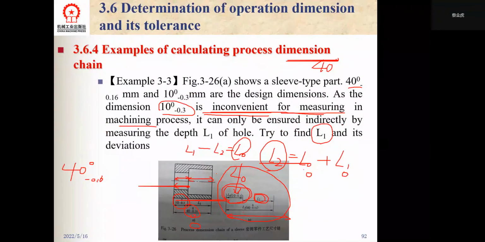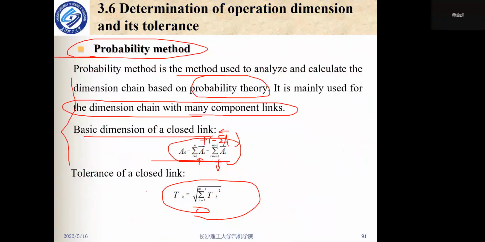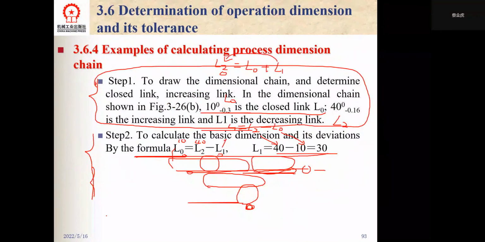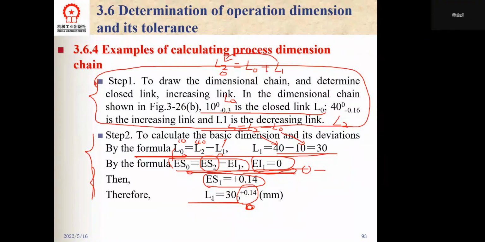And what I want to say is maybe this example will appear again in the final examination. And if it is in the final examination, the detailed steps should be given to me: how to calculate L1, how to calculate the basic dimension and its deviation of L1, not in this form, but in detail.